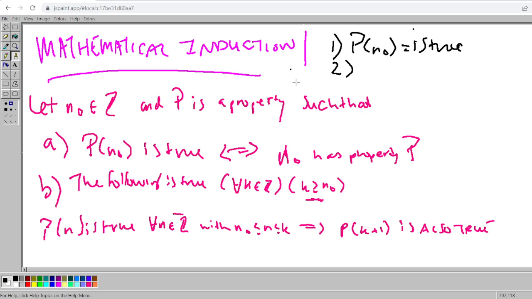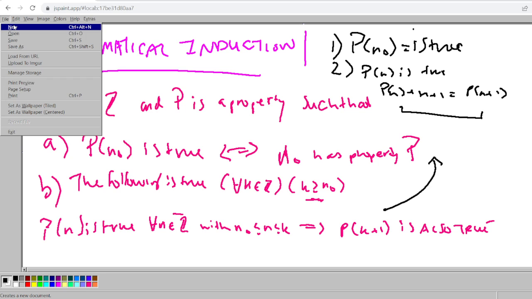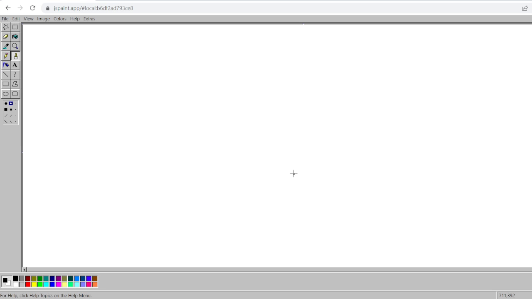If P of n is true, then we need to show that P of n plus 1 is true, which would have the same implication of P of k plus 1 always being true. That was a really hand-wavy way of explaining it, and I'm not a master of induction, I'm kind of okay at it.